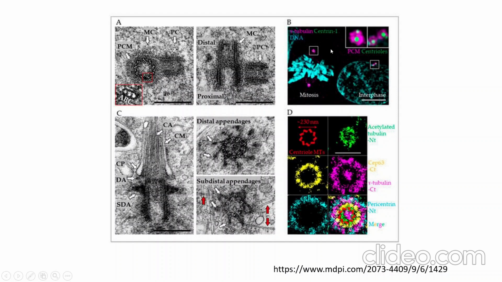Now at B, what you're seeing are centrosomes in, I think, a human retinal pigmental epithelial cell. Anyway, that's not important. But essentially, there are two mitotic chromosomes here, and they have expanded their pericentriolar material, and here it's labeled with a gamma tubulin antibody.